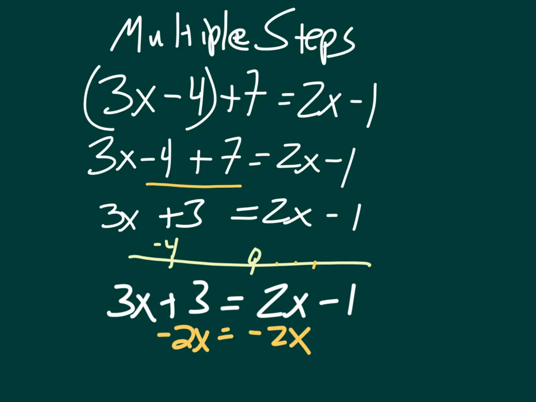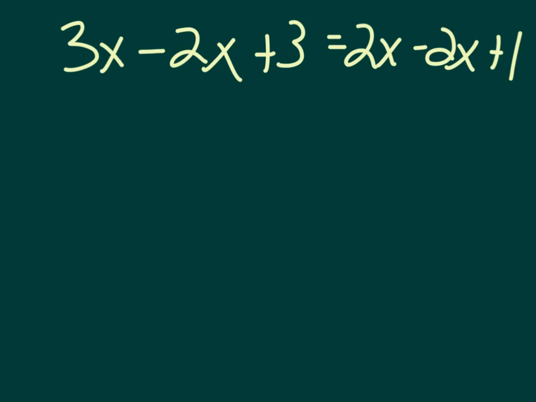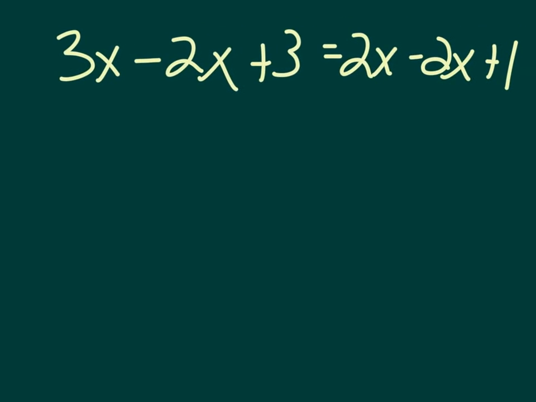When I do that, let me just write the whole thing out. I did the 3x minus 2x plus 3, and then I have the 2x minus 2x plus 1.